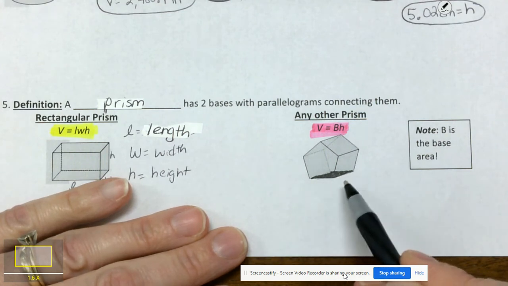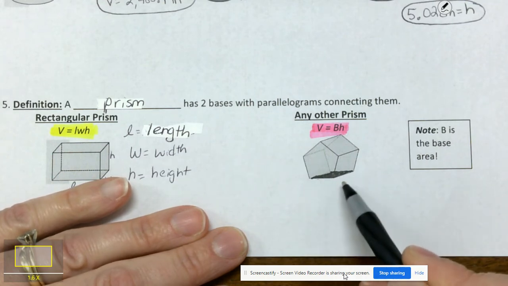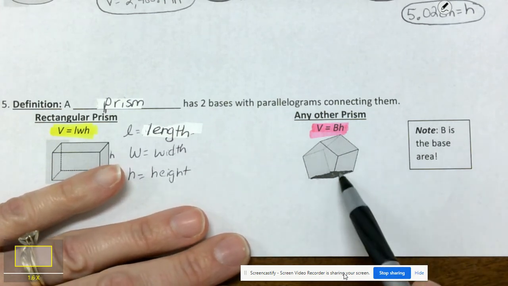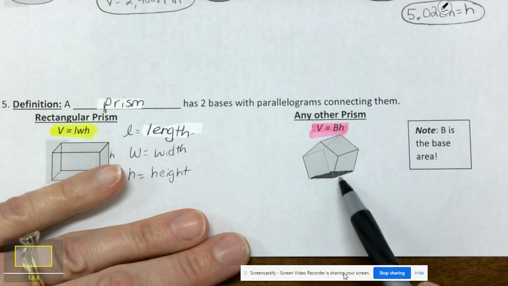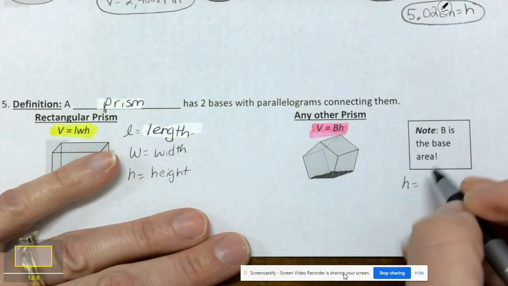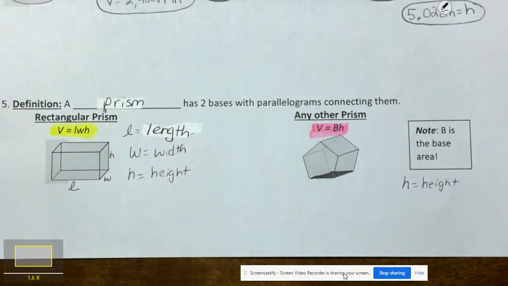Now, a lot of times, like in this one, it looks like it's a rectangle. So area would be length times width. If it was a square, you would square one side to get the base area. So based on what your base is how you're going to calculate that base area B. And then the H is the height of the prism, okay?